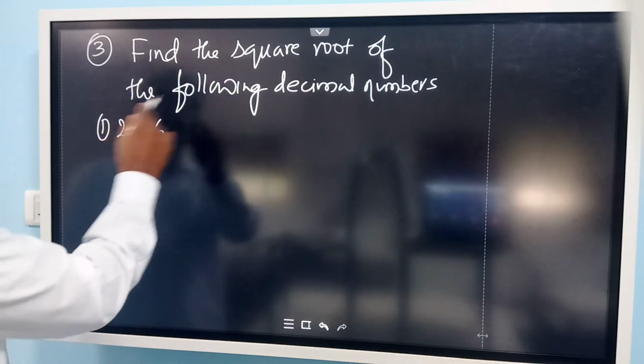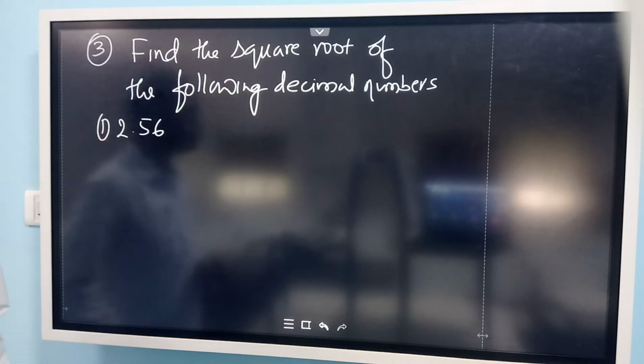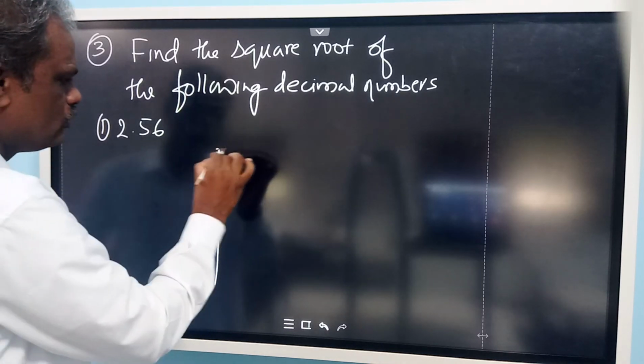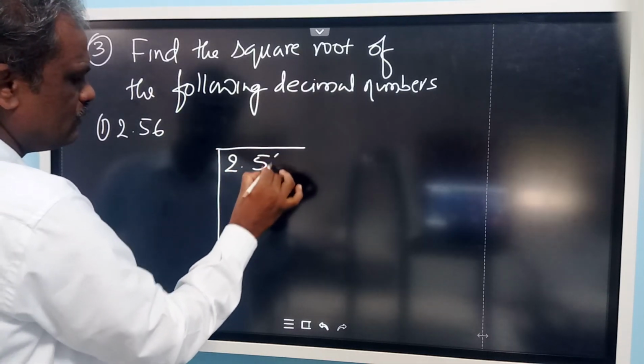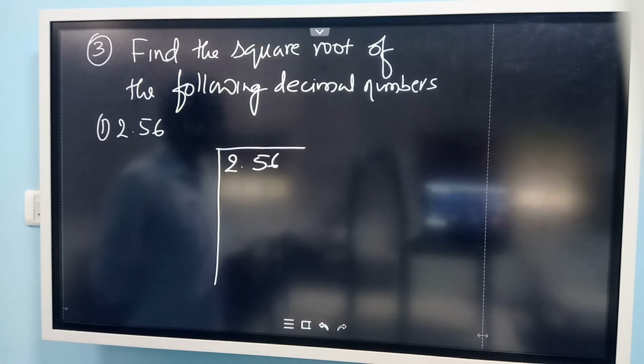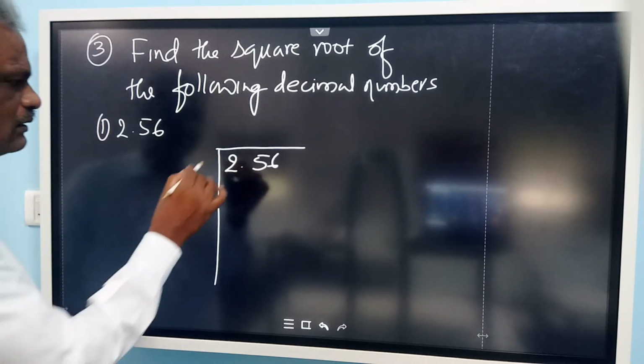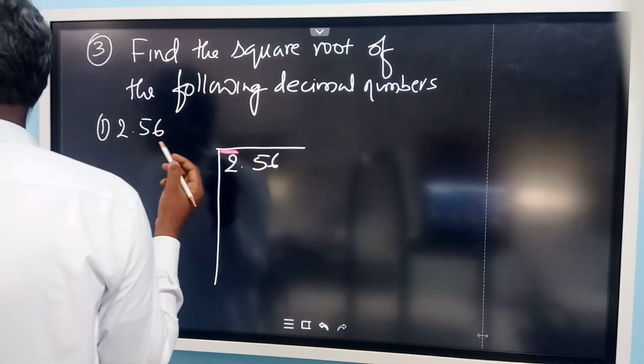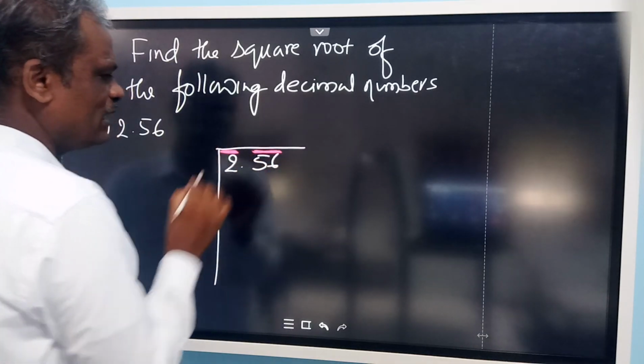Find the square root of the following decimal numbers. First question given is 2.56. Let us write 2.56 between the lines. What is the first step? Grouping the integral part. Here we have only one digit, one group. Then go to the decimal part. We have only 2 digits, 5, 6.